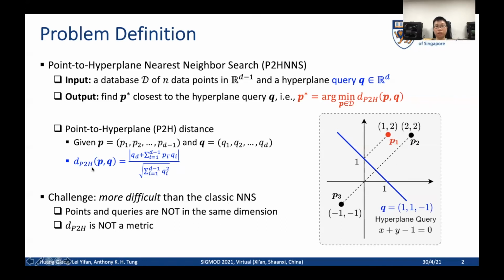Second, since the point-to-hyperplane distance contains the inner product operation and the absolute value operator, it will violate the triangle inequality, and so it is not a metric. Therefore, many state-of-the-art methods based on the distance metric property may not be suitable for this problem.